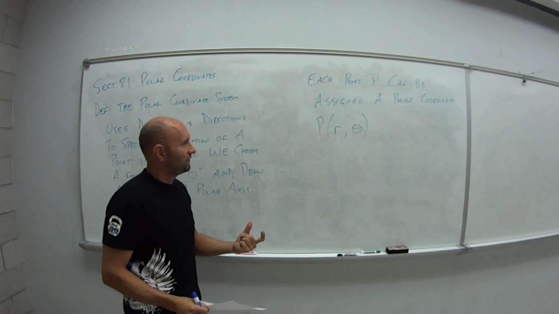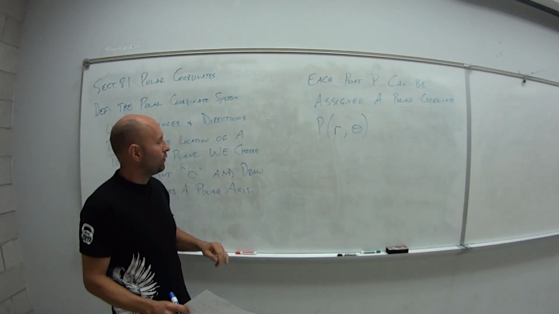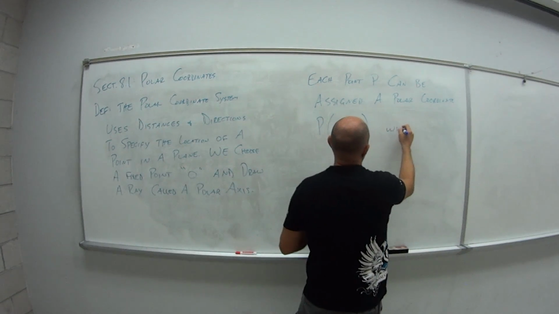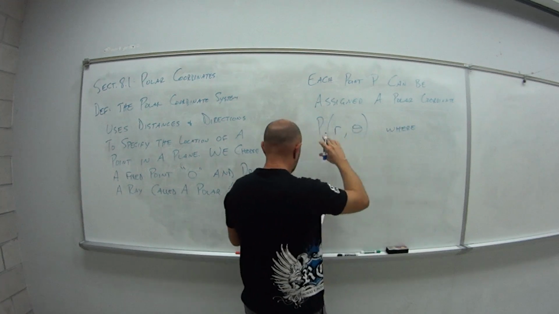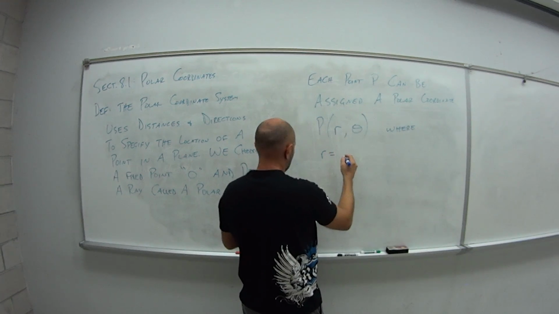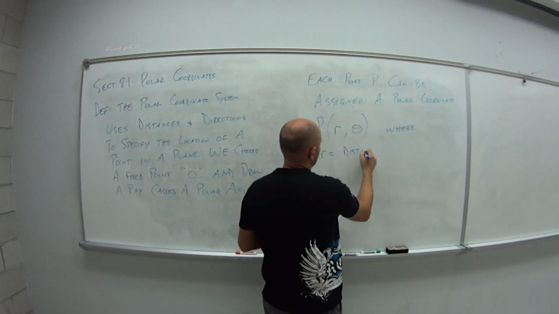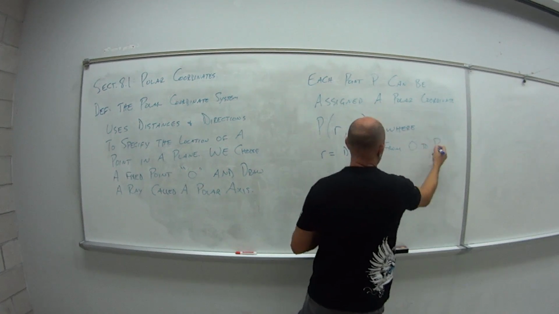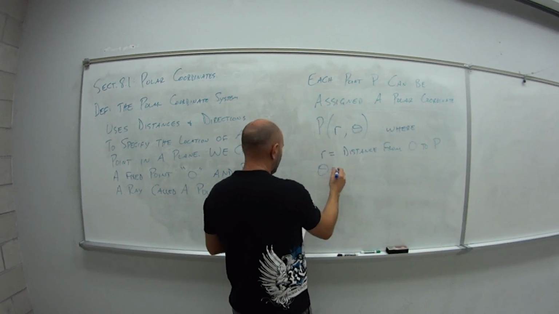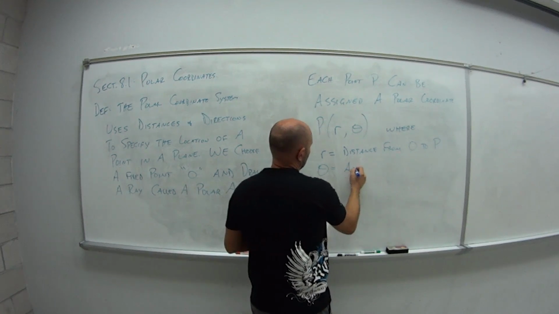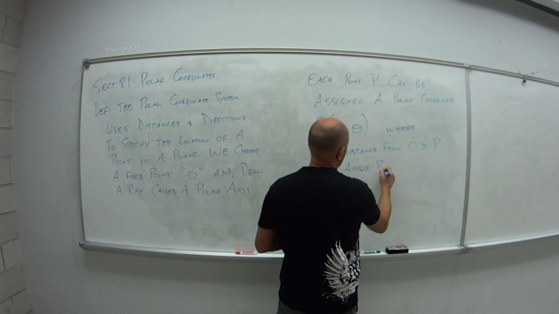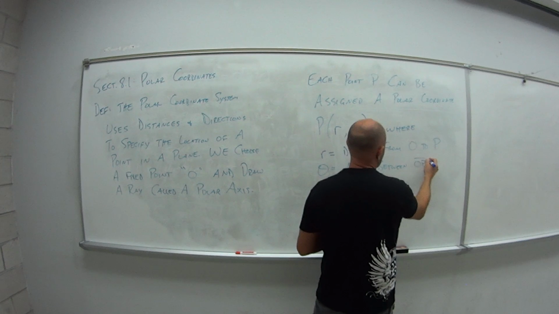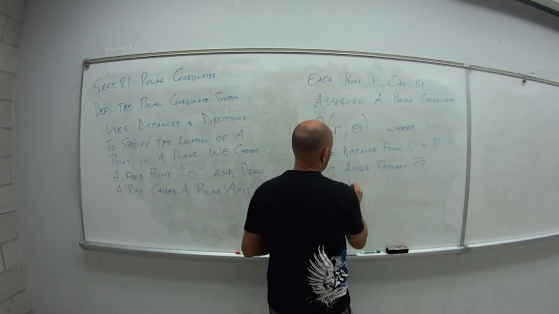So r is the distance of that radius, theta is the angle from our polar axis. So again, where r is the distance from O to P, and theta is the angle between our line segment OP and the polar axis.